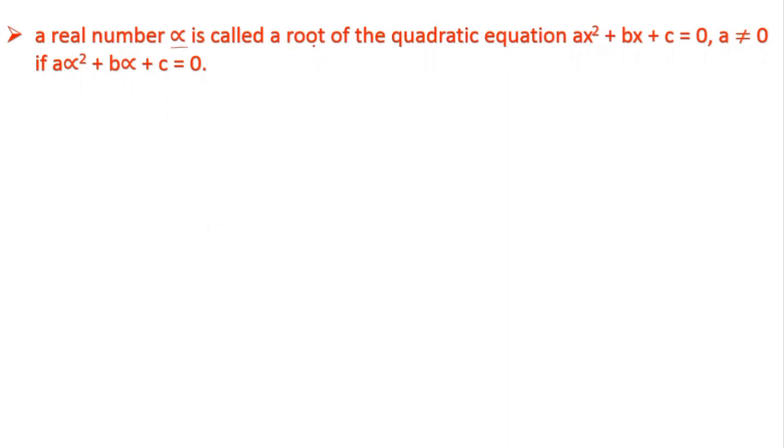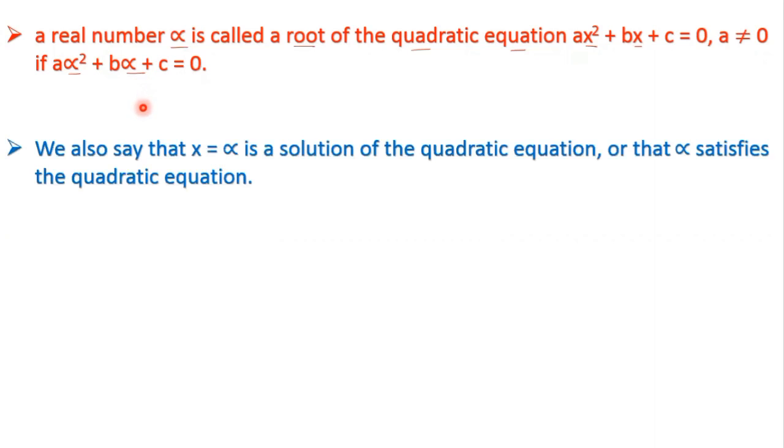A number alpha is called root or solution of quadratic equation ax square plus bx plus c is equal to 0 when we substitute alpha in the place of x, then left hand side should be equal to the right hand side. Then alpha is called root of the quadratic equation or solution of the quadratic equation.